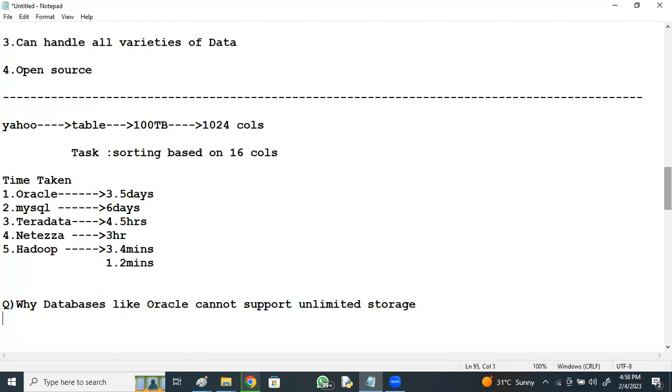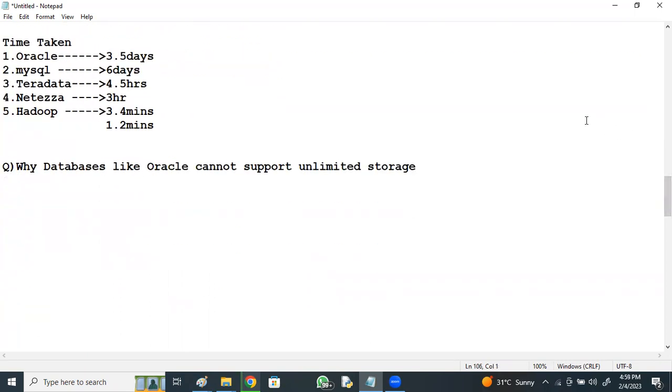Even in real time, with an Oracle database we can go with multiple slaves, but there is a limit on the max number of slaves.